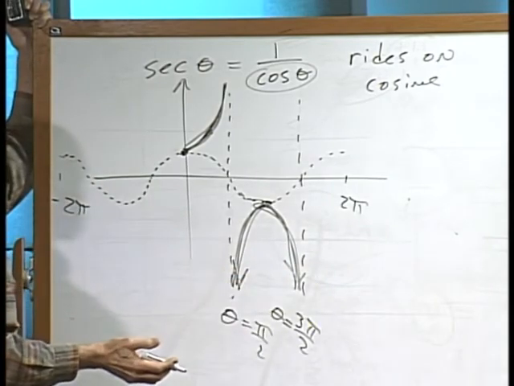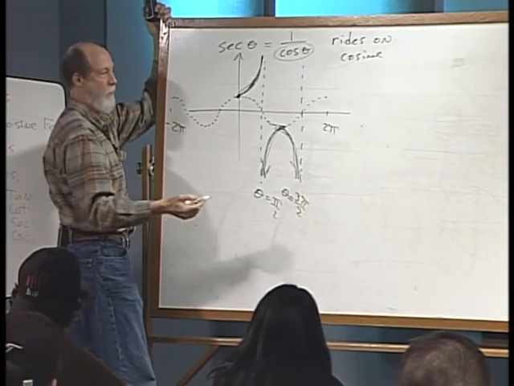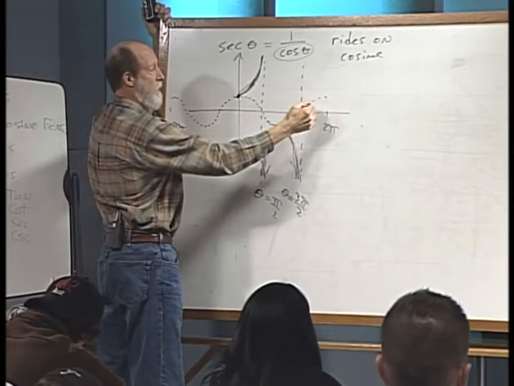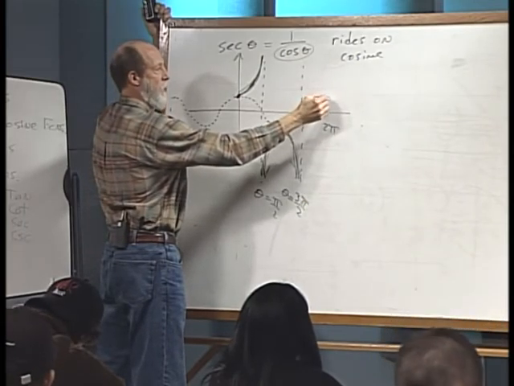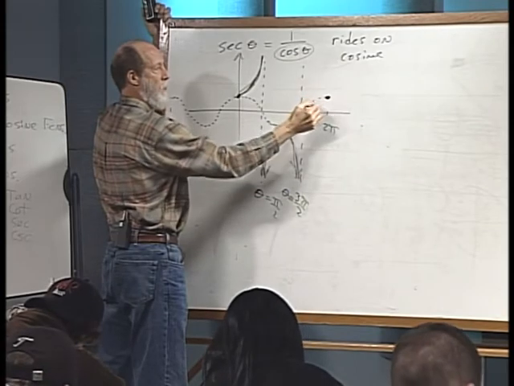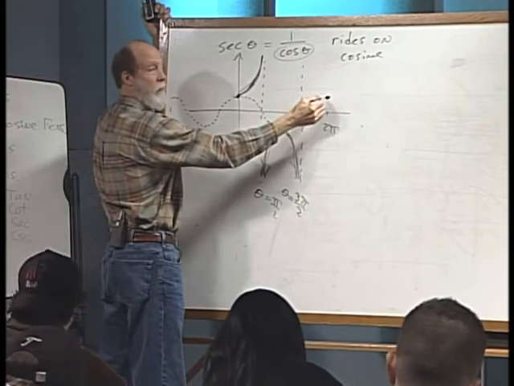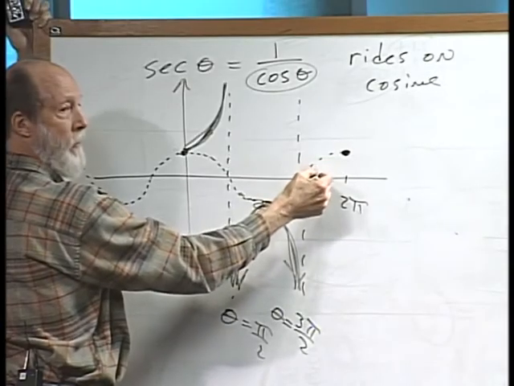Have we finished a cycle? Let's see. Let's go over here. What happens over here? Reciprocal of 1 is 1. These are positives. Reciprocals of positives stay positive. And these are numbers smaller than 1, like a half, a third, a tenth.